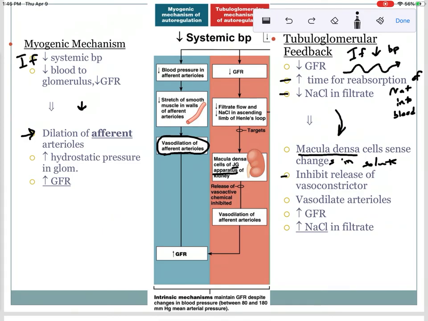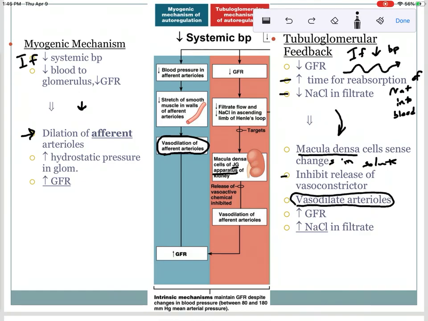They're going to inhibit the release of a chemical vasoconstrictor. And by inhibiting what usually vasoconstricts, what is the result? Vasodilate the afferent arterioles. If we vasodilate, we bring in more blood flow, we increase the filtration rate, and we fix the problem of having too little sodium in the filtrate.